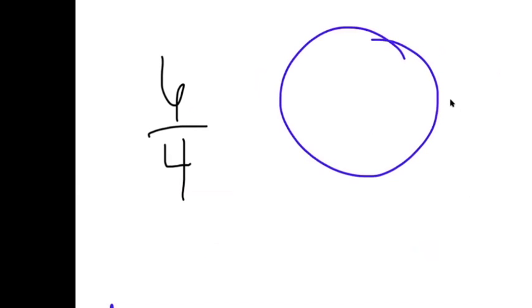On your papers, I want you to see if you can draw in a diagram, and let's all just stick to a circle diagram. How would you draw 6/4? Okay, a reminder, our denominator is how many pieces our whole is being broken up into.